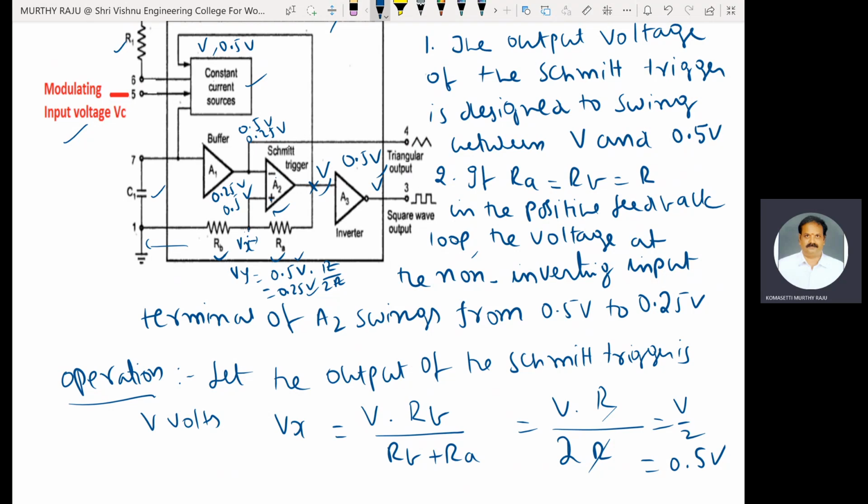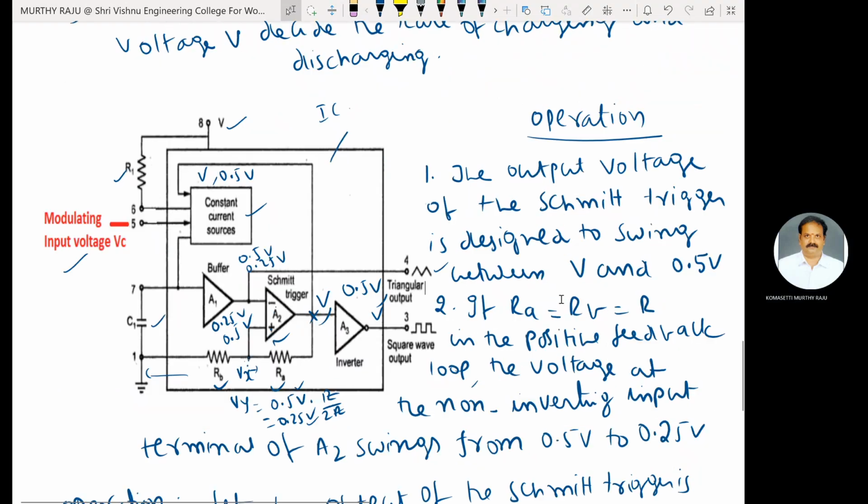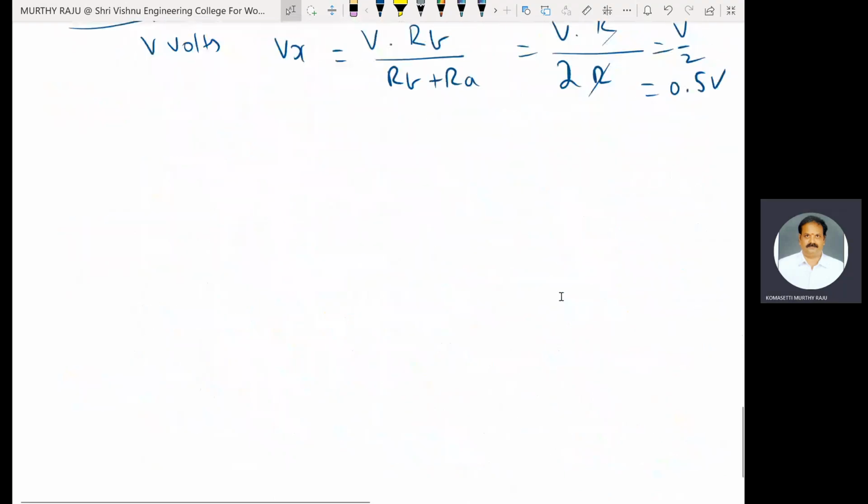Through that buffer, the triangular waveform is available at the fourth pin of the IC. The Schmitt trigger output is a square waveform. Generally we use an inverter here, which produces a square waveform at the third pin of the IC. This is the explanation of the operation of the VCO.